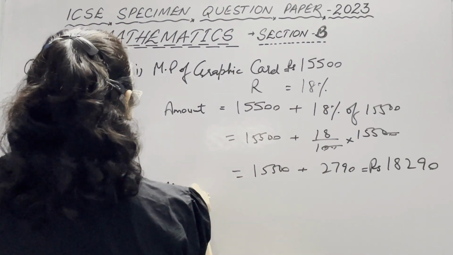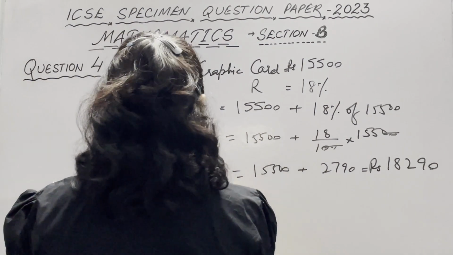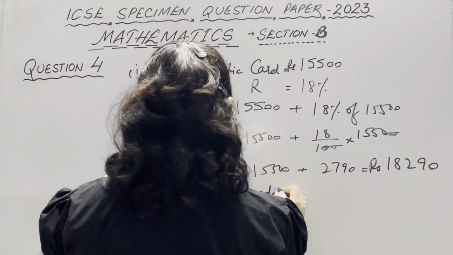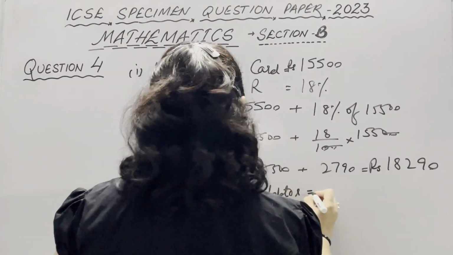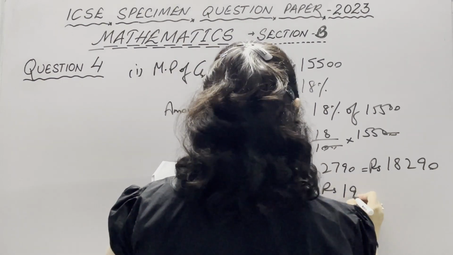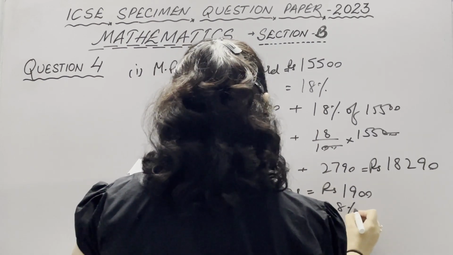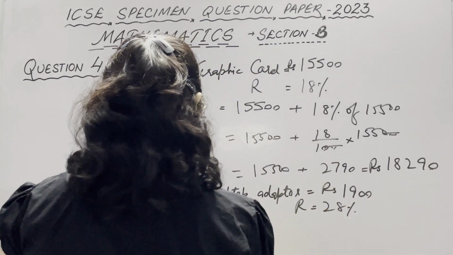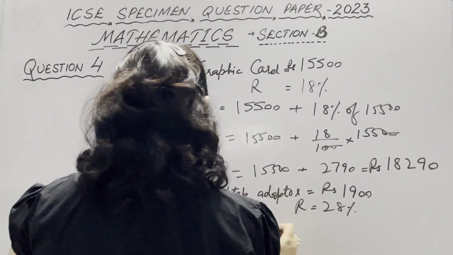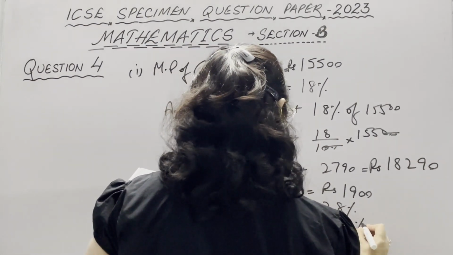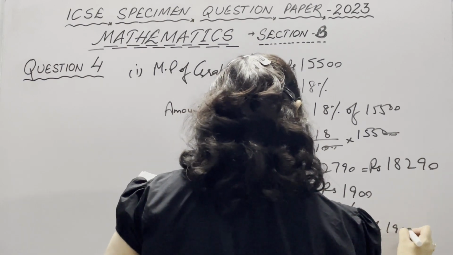Then they have asked the marked price of the laptop adapter. Marked price is 1900 rupees. Then rate is 28%. Amount paid for this is 1900 plus 28% of 1900.